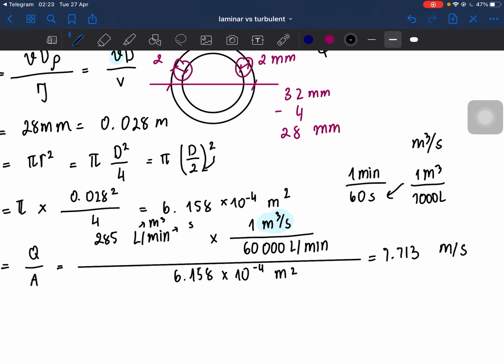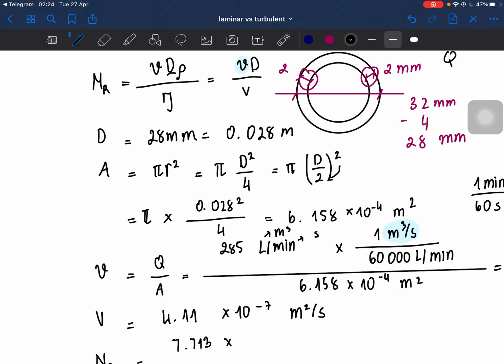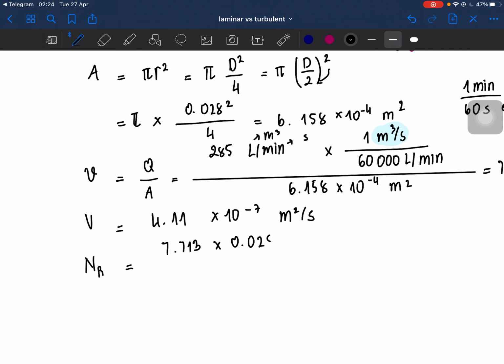So now we have the viscosity of this liquid is 4.11, which is in the table. So you can just read it from the table at this temperature, at this condition, how much is the viscosity, how much is the n value or the density. So now we have Nr, because we have found everything else now. We can find 7.713 times D here, which is 0.028, multiplied by, there's no more multiple because we use viscosity instead.